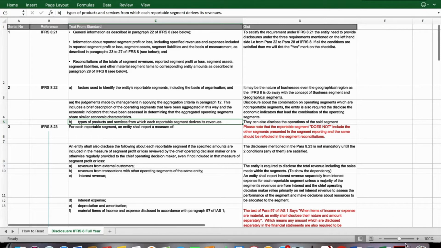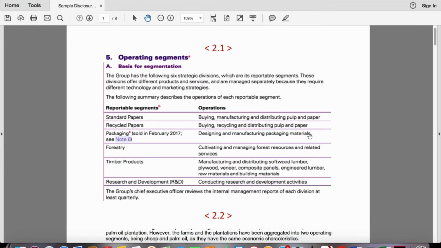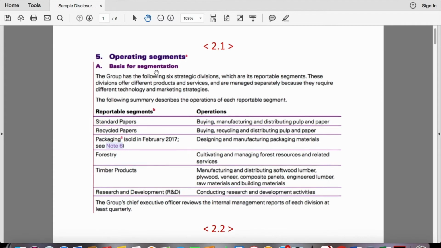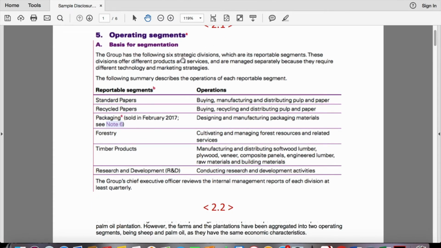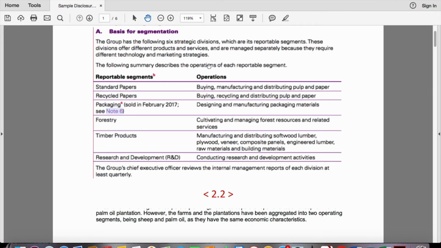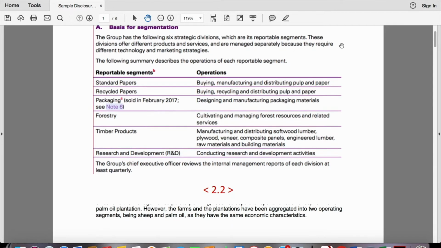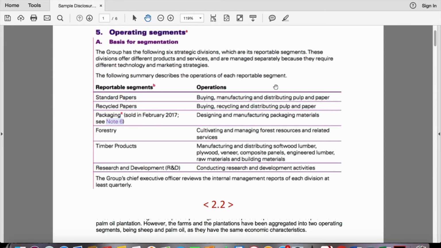So let's drill down to point number 2, 2.1, the basis of segmentation. They have 6 divisions, and the divisions are based on products and services, which can be termed as business segments. I'm not saying it's a business segment, but it can be termed as one, because they require different technology and marketing strategy.